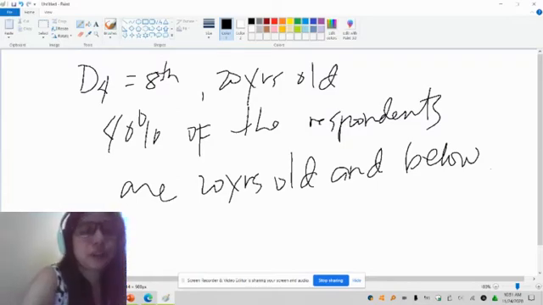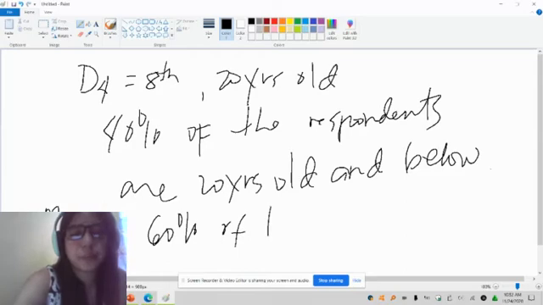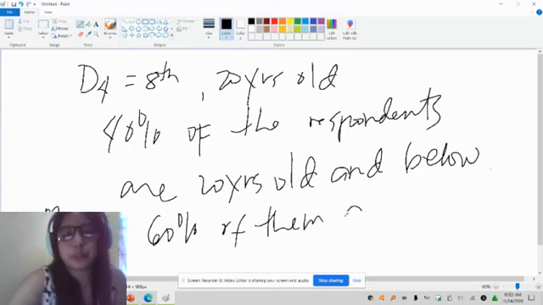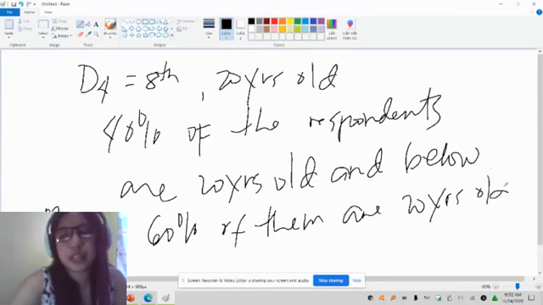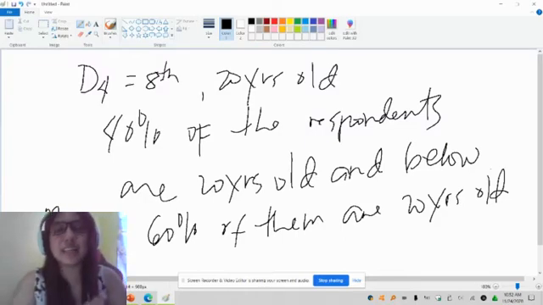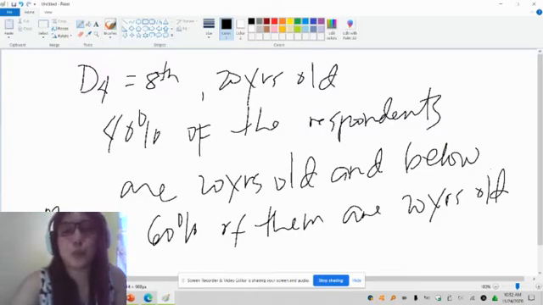Or if we are considering now the upper 60%, then we can also say that 60% of them are 20 years old, because we do not have the data, so we cannot say that it is only above 20 years old. We can still mention 20 years old, just in case, for instance, that the eighth and ninth scores are both 20 years old.